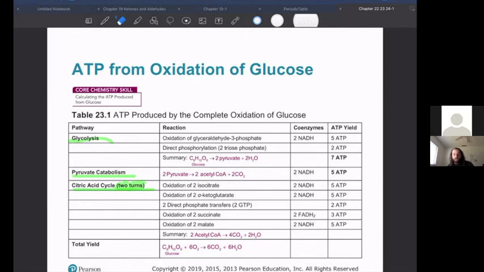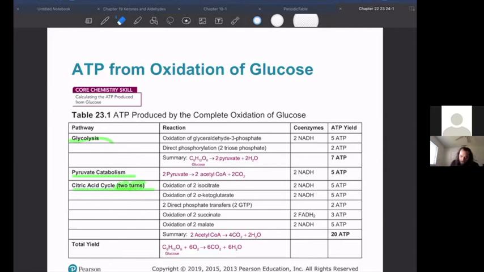So that means from the citric acid cycle, combining both the direct payoff that we get from the creation of ATP, as well as the indirect payoff that we get from the creation of these coenzymes, which are converted to ATP through the electron transport chain, there are 20 ATPs produced in the citric acid cycle.